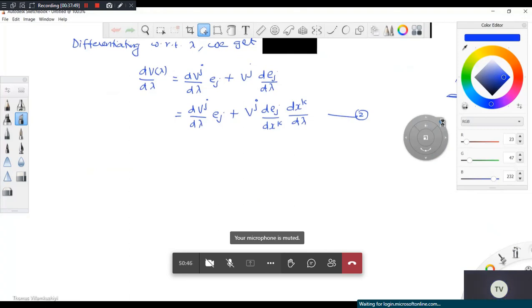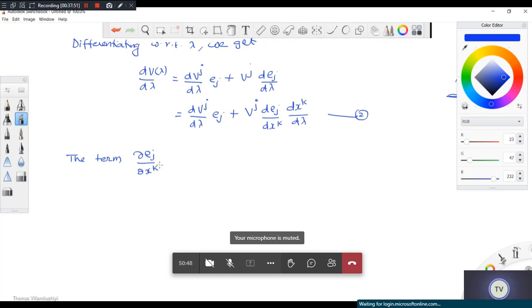You know, partial derivatives are similar to the ordinary derivative; the only thing is that you keep the others constant.